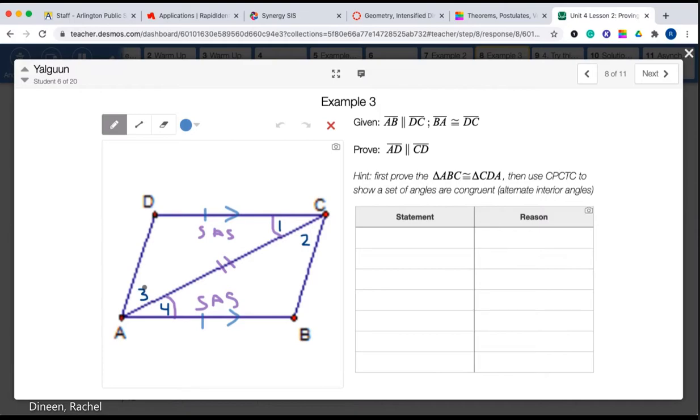Because a lot of students are marking angle 2 being congruent to angle 3. Why did you not mark that? Well, we don't need to mark it because if we do mark it, it would be kind of confusing because it could be angle side, angle side. So I didn't mark it because it would be less confusing for me.